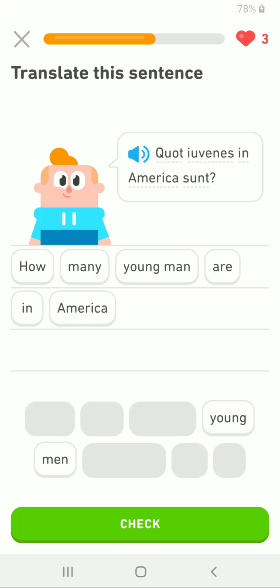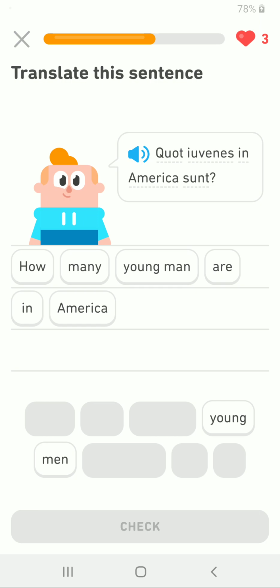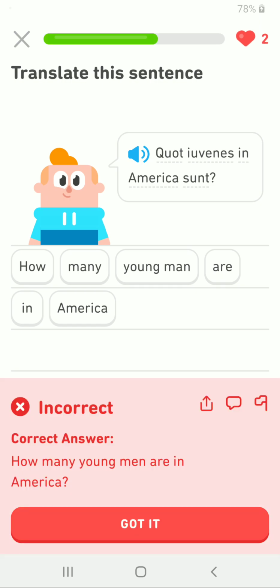So in America. But Americanus, it's what's wrong here? How many young men? Oh, it has to be in plural. I chose this. That was a trap. I got it.